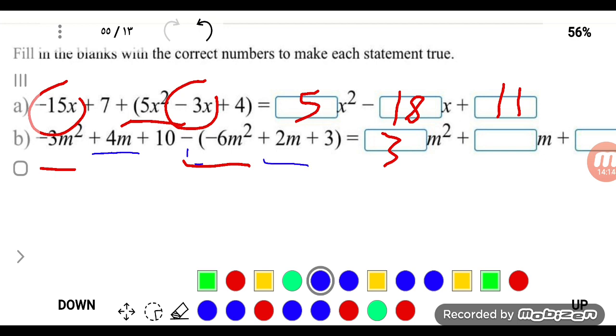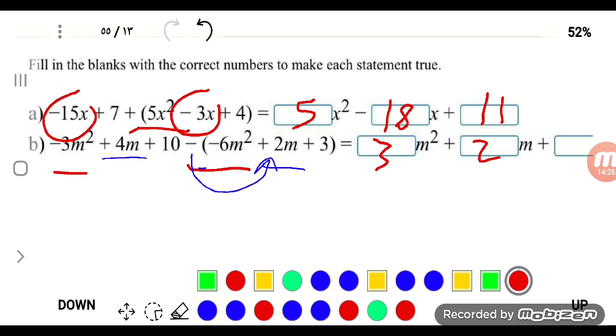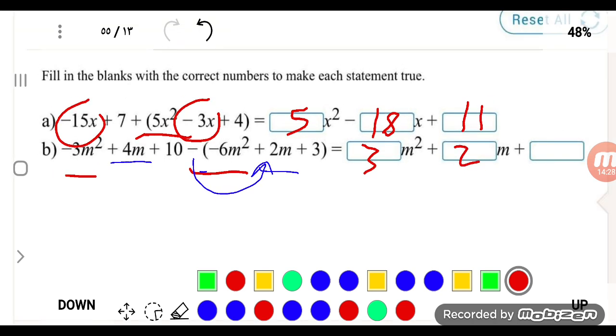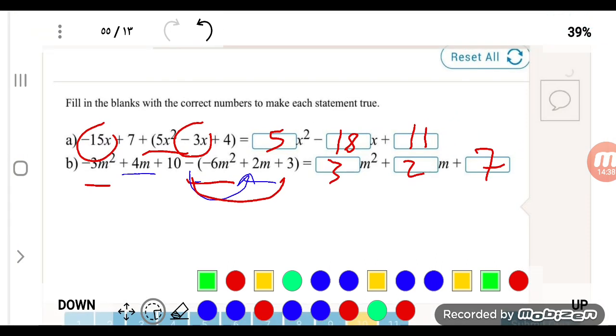So because there's minus here, you multiply it by this plus. So it becomes 4m minus 2m, and that will be 2m. So here you have 2m. And in the last space, 10 minus times plus 3, you get 10 minus 3, which is 7. So here it is 7. And that is the final answer.